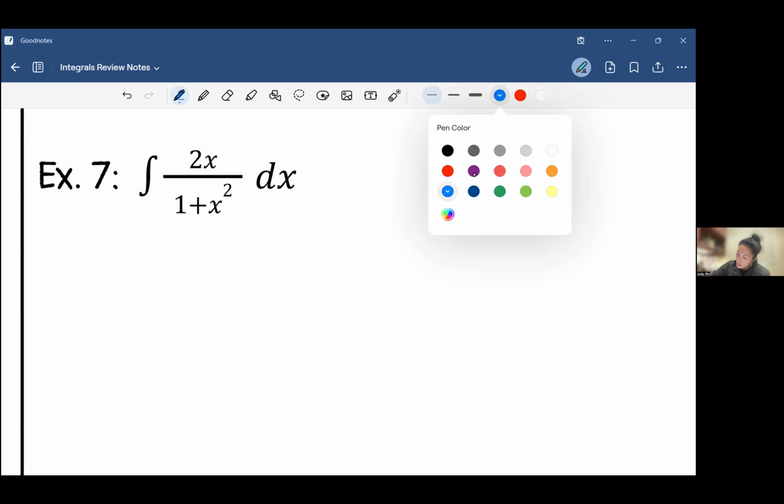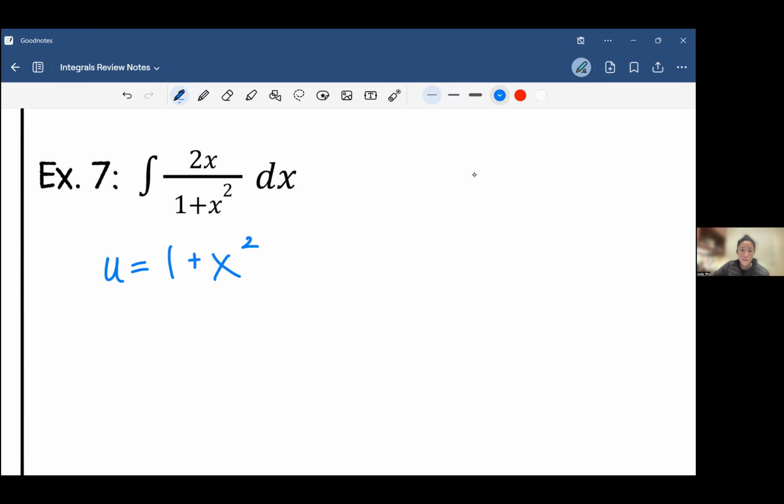All right, so I'm gonna let u equal 1 plus x squared. I'm gonna take the derivative of both sides. du equals derivative of 1 is 0 plus derivative of x squared is 2x dx. And if we stick to our color coding, what that means is we have our 2x dx, right?